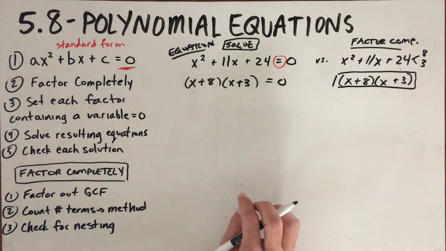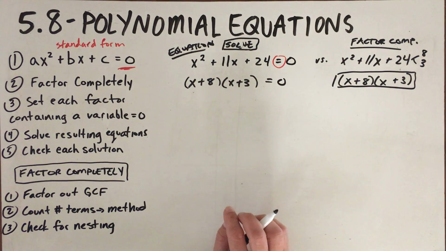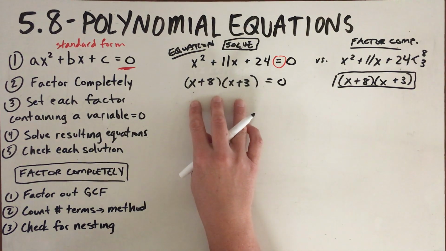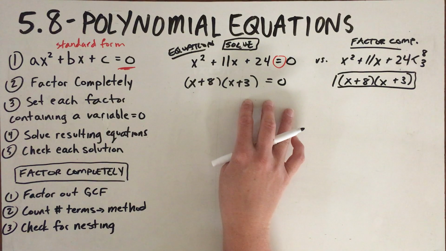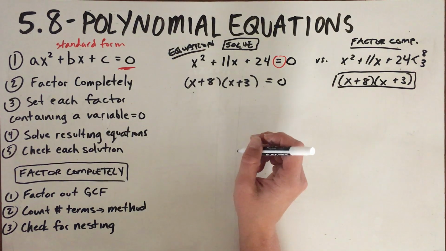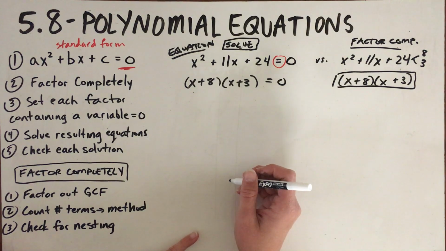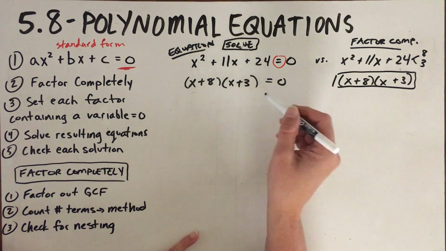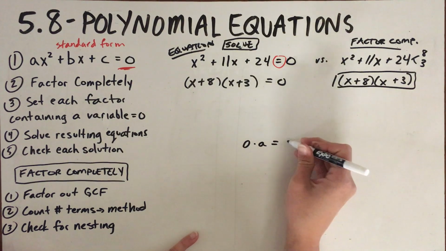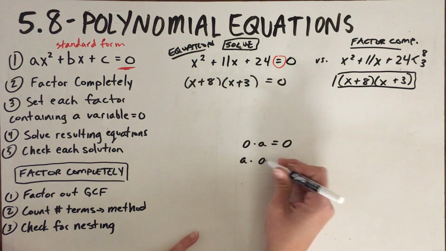But this isn't the answer. This is just part of finding what I would be plugging in for x to make this statement true. We can use the zero property rule: if I can make either one of these factors 0, remember that 0 times anything is 0 and anything times 0 is 0.